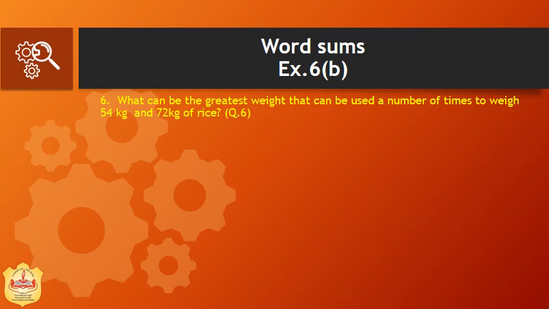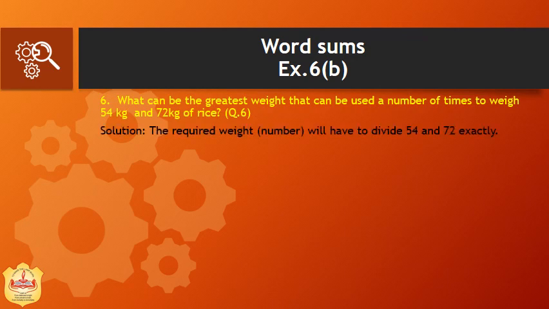It means that you have to find out that greatest weight or that greatest number that will divide 54 and 72 exactly or fully. So you know what is that greatest number? That will be the HCF or the highest common factor of 54 and 72. So let us see how we are going to solve the question.